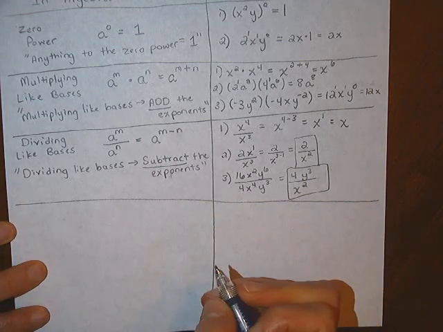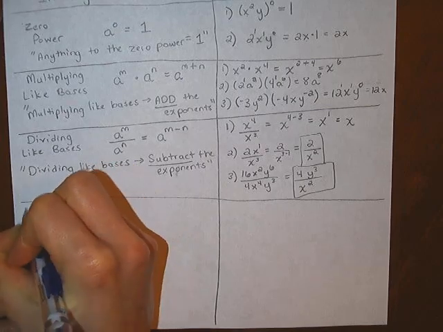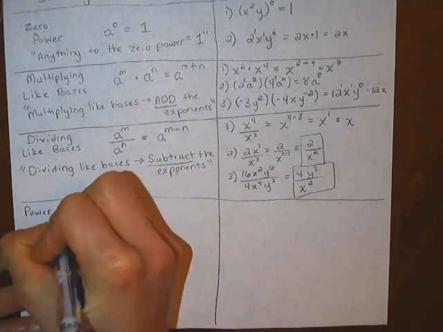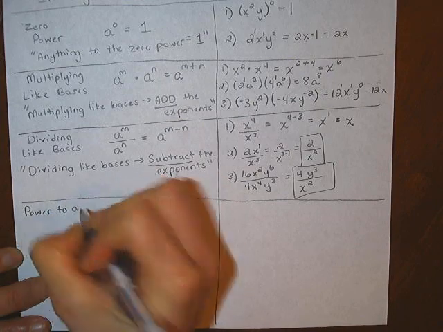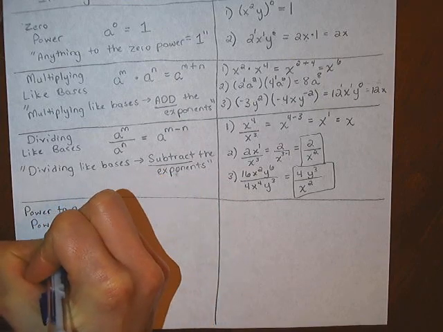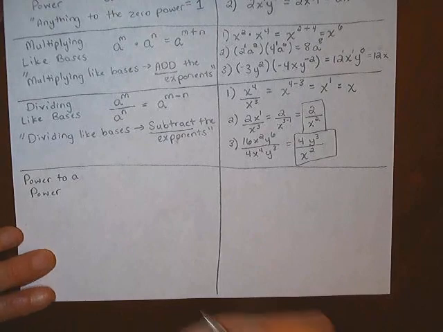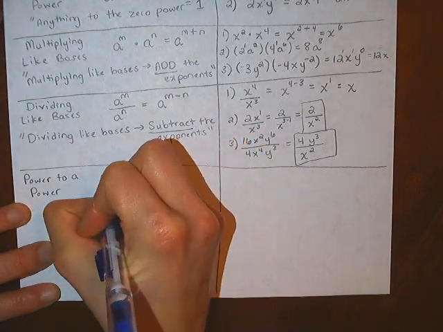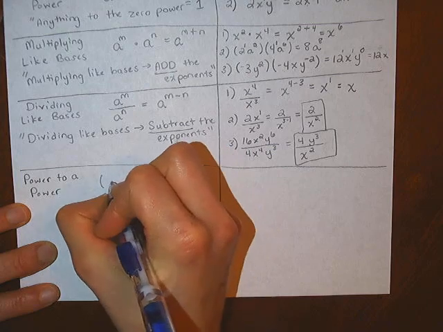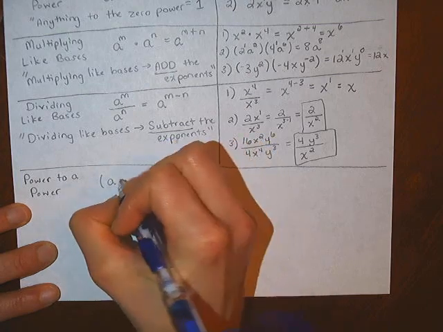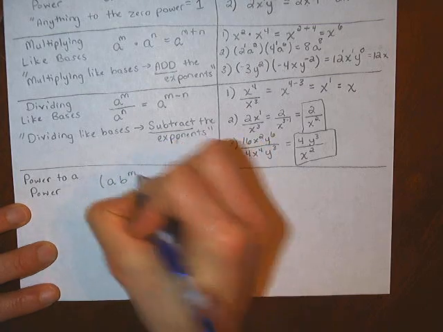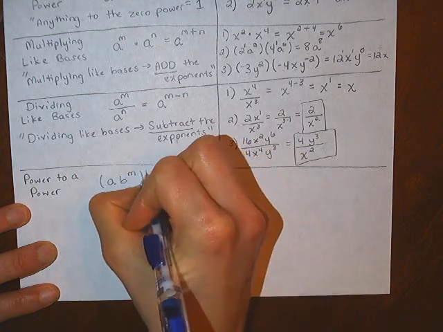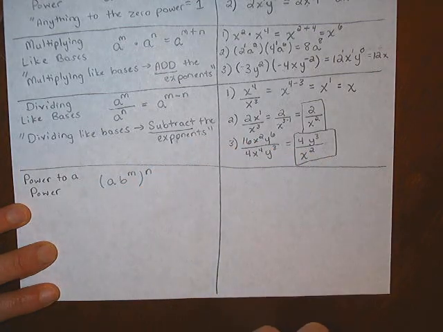What do you do when you have a power or an exponent to a power? Well, what that looks like is, let's say that we have A times B to the m power, and then all of that is to the n power.